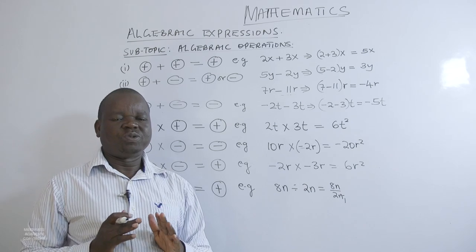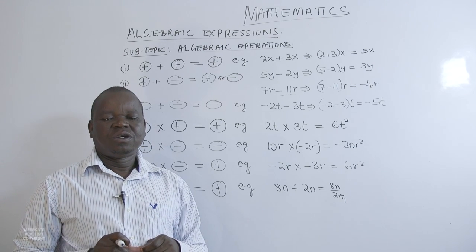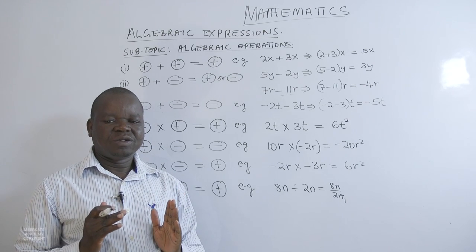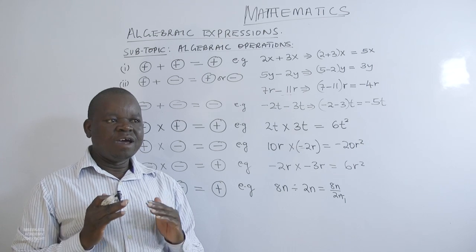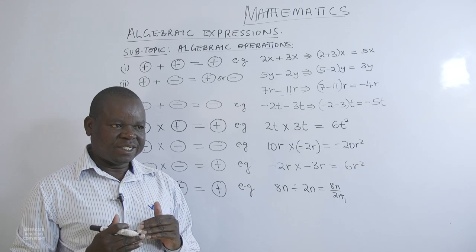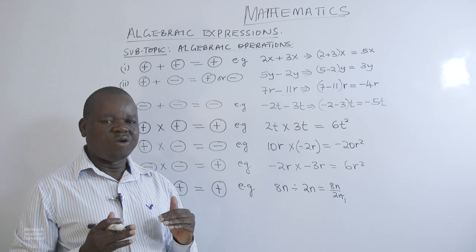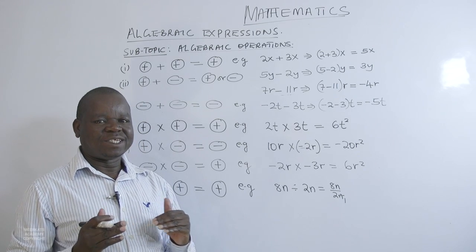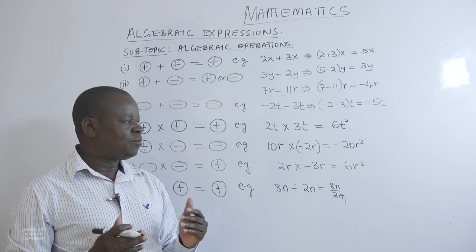Now when it comes to multiplication, we multiply everything in the operation, and we carefully do that by looking at the related items.